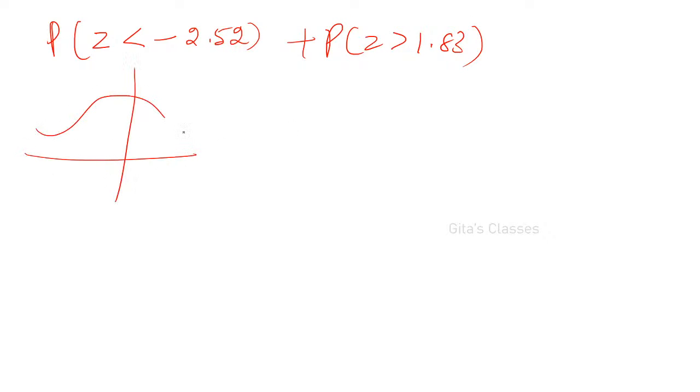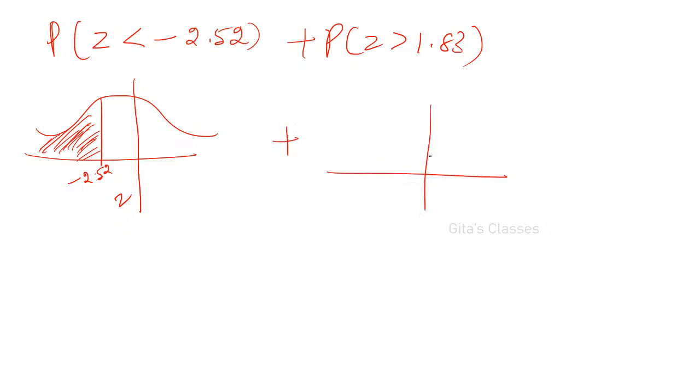Up to minus 2.52, sorry. So less than minus 2.52, you can use P, plus greater than 1.83. This area.